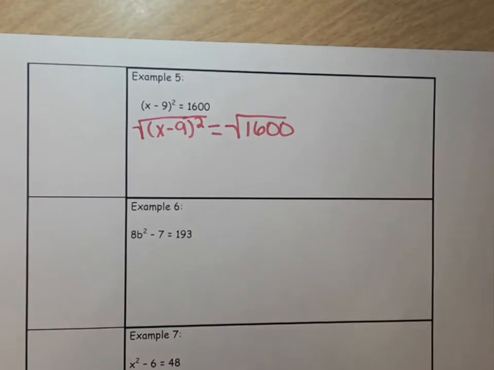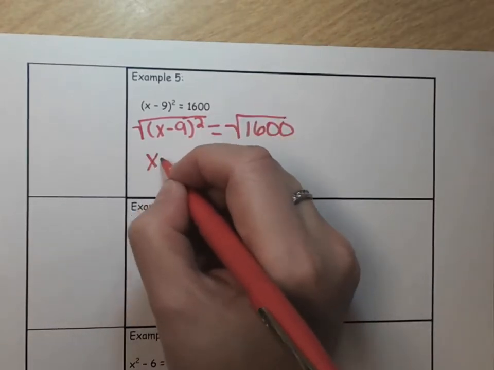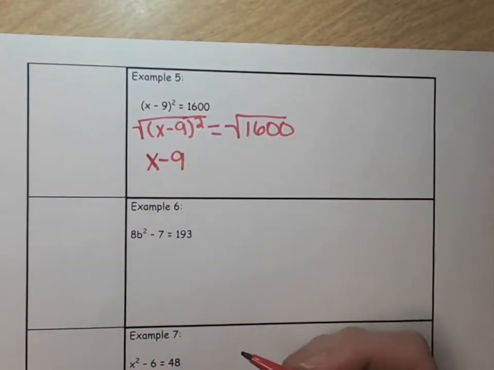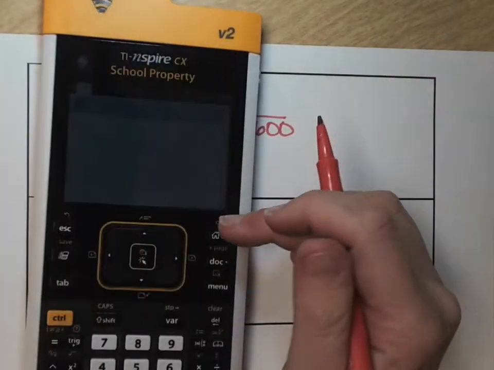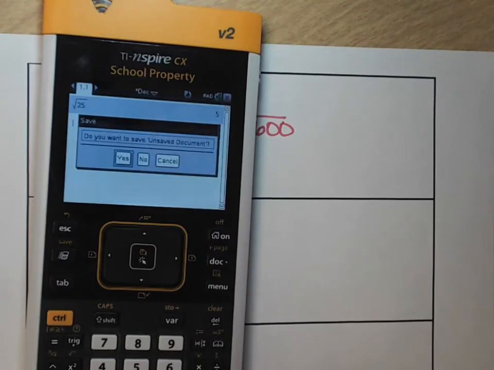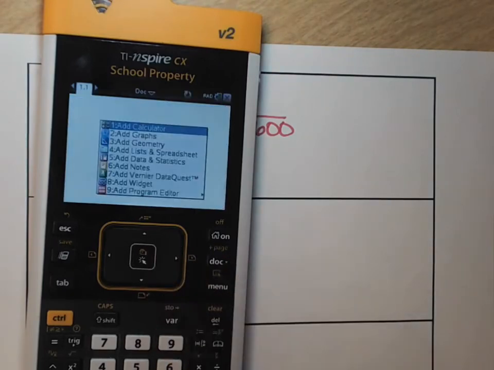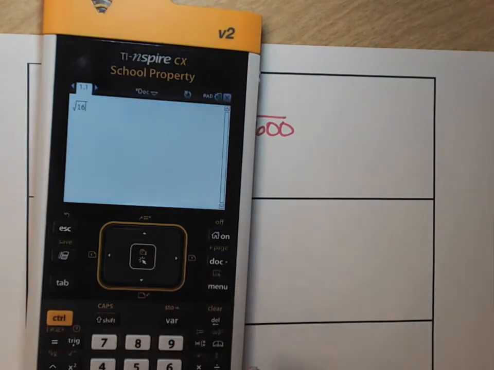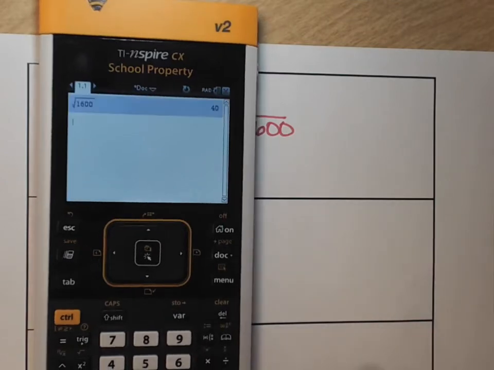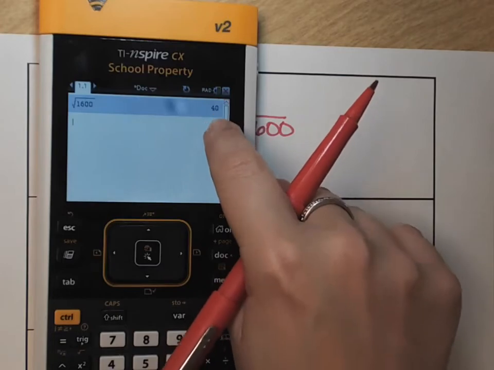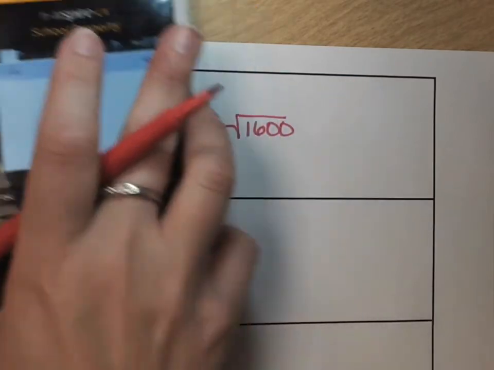So if I take the square root of this one, it's just going to give me x minus 9. On this side, I'm taking the square root of 1600. Doesn't matter how big it is, control square root. It's 40. Remember, plus or minus 40.